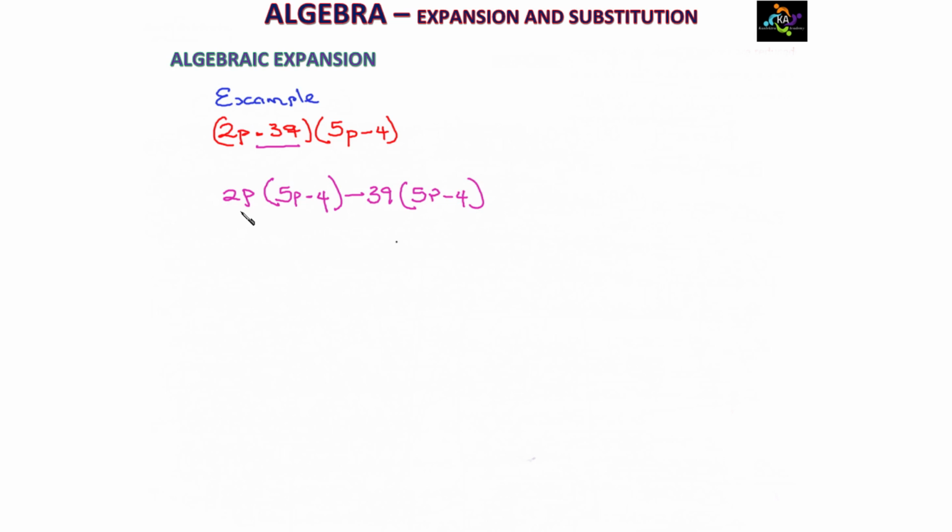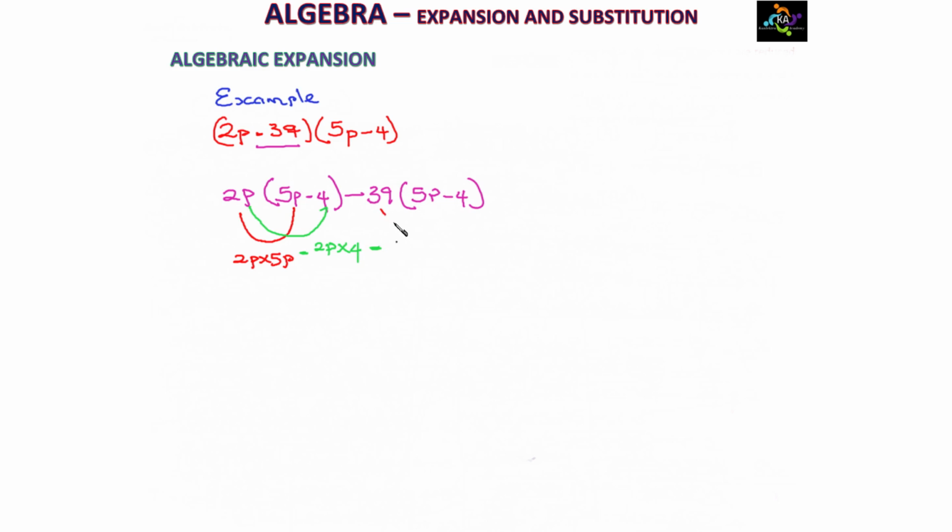Then you can expand. How do you expand? Your 2p multiplies 5p. That's 2p times 5p. Then your 2p multiplies your minus 4. That will be minus 2p times 4.